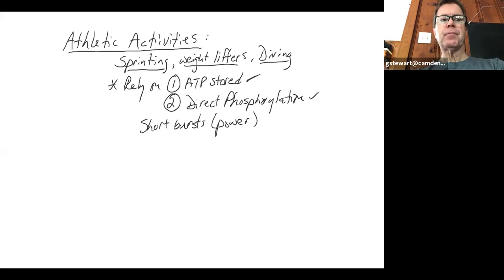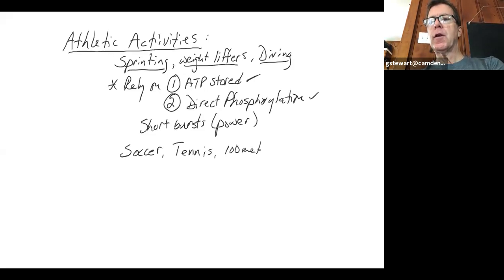Now, slightly longer athletic activities. Things like, well, this is a lot longer. I'm going to just list some things like soccer, tennis, or a bit longer swimming. I think your book uses 100-meter swim as an example.